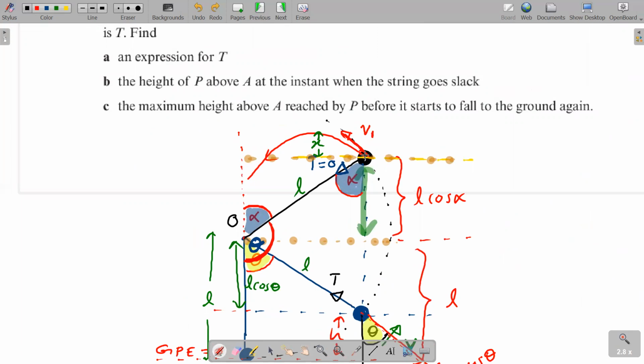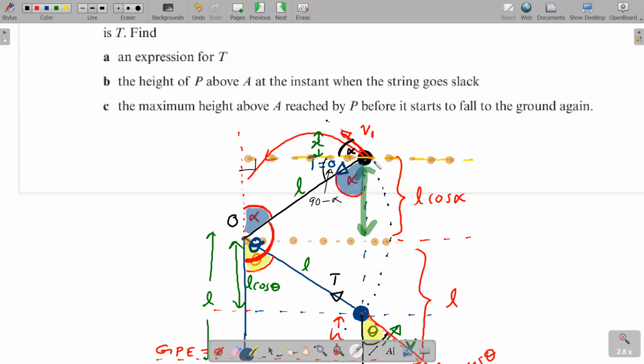This is alpha. I hope you can see this is a 90 here. This angle over here is 90 minus alpha, which means this angle here is alpha. Can you see that?